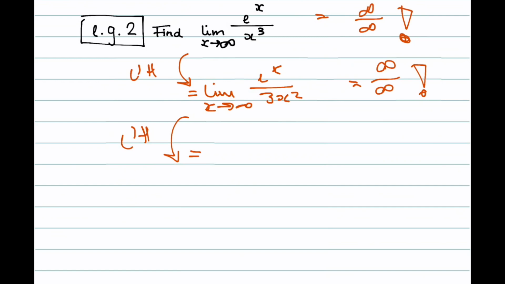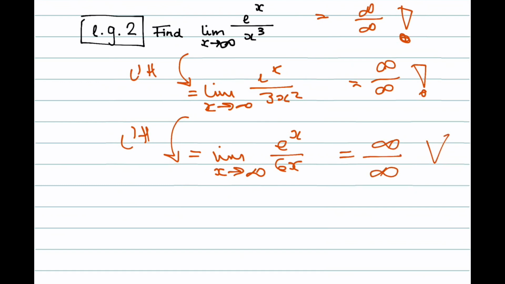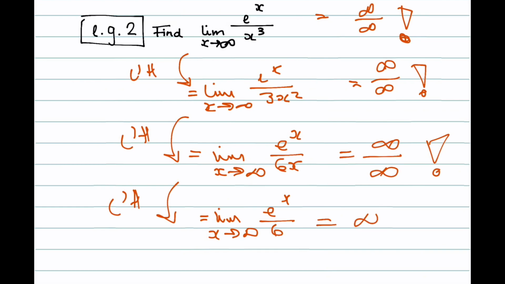So now we get that this limit is equal to the limit as x goes to infinity of e to the x over 6x. But this is again an indeterminate quotient form of infinity over infinity. So once more we use L'Hopital's rule and find that this limit is equal to the limit as x goes to infinity of e to the x over 6, which is actually just infinity.